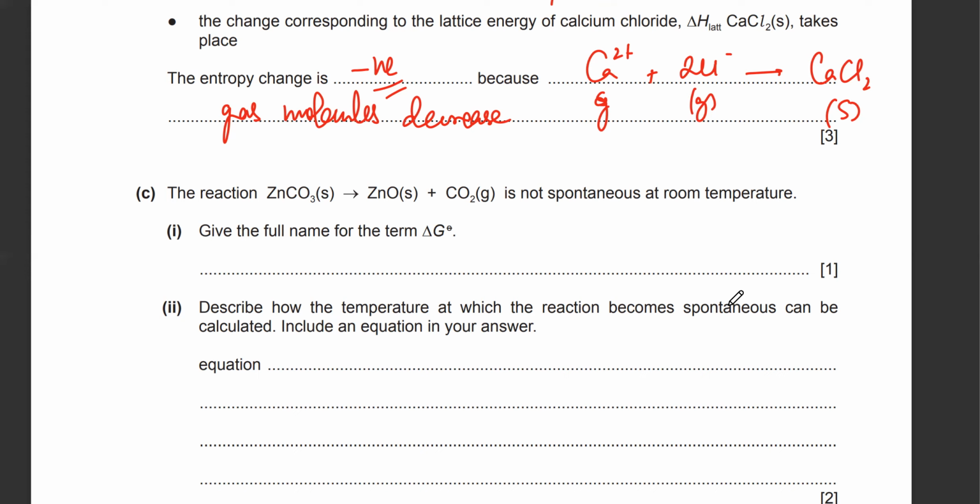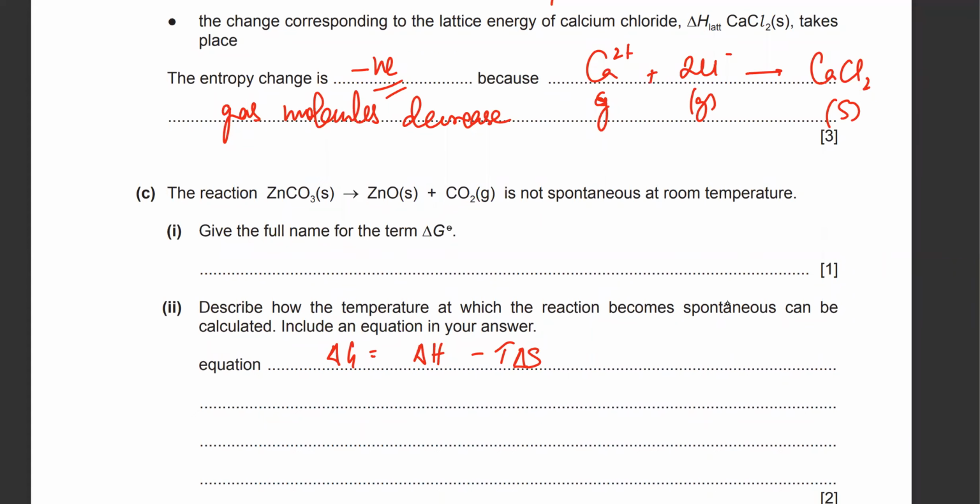The equation that you have is delta G = delta H minus T delta S. Okay, that's the Gibbs free energy, right?